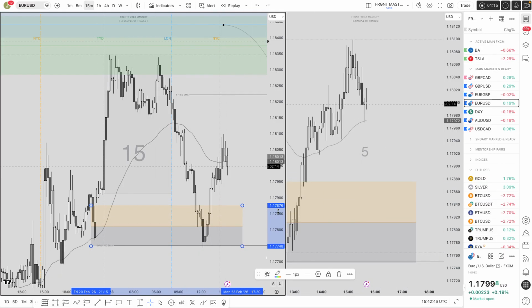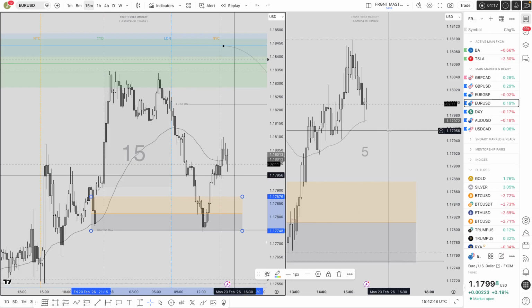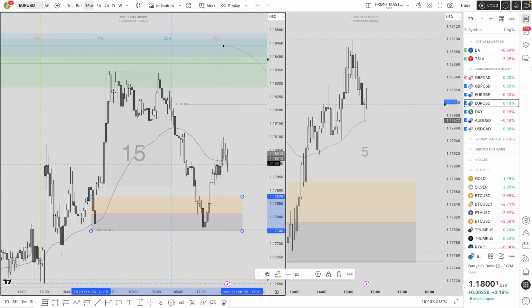I wasn't sure what was going to happen with price action, and as I said, US dollar CAD tied in nicely with the DXY. Once I could see that melt happening on the DXY, then I was more than happy to then look for my setup and entry criteria on US dollar CAD.